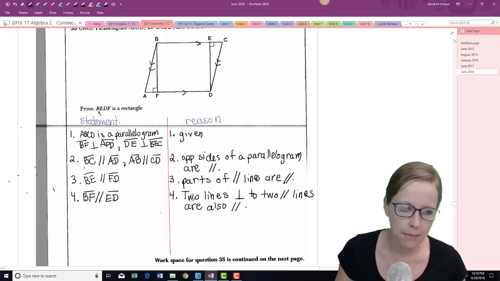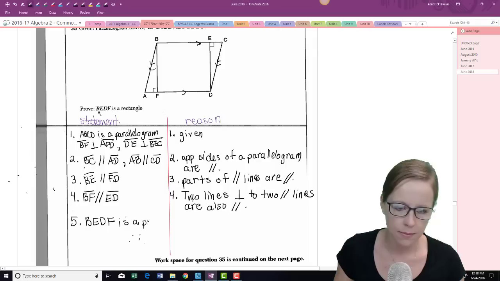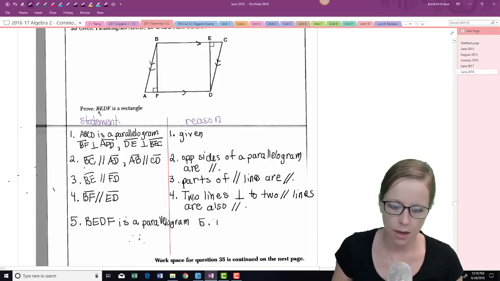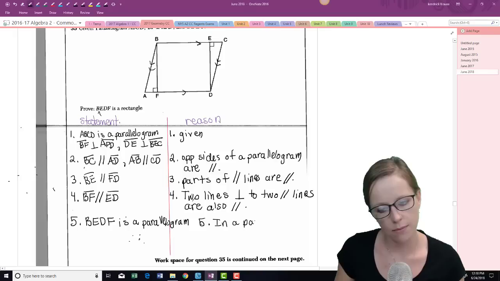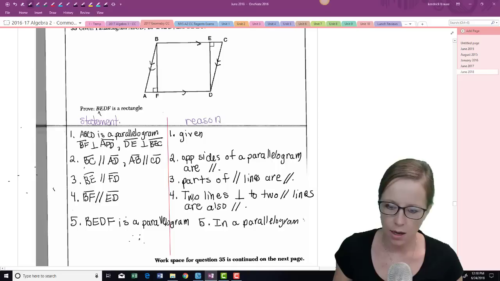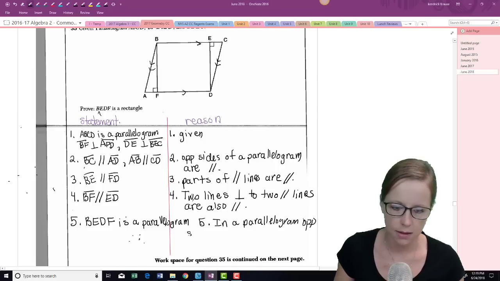Okay, so that means that BEDF, oh, where am I? I'm having a hard time with this. So that means that BEDF, sorry, I said that wrong, is a parallelogram. In a parallelogram opposite sides are parallel.